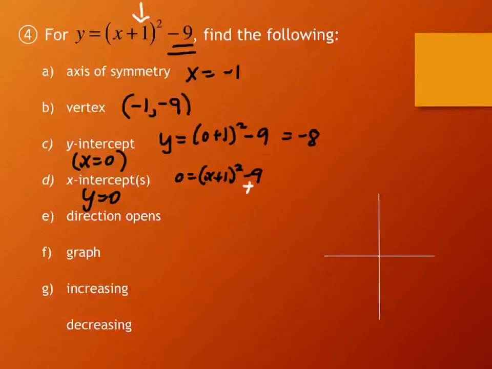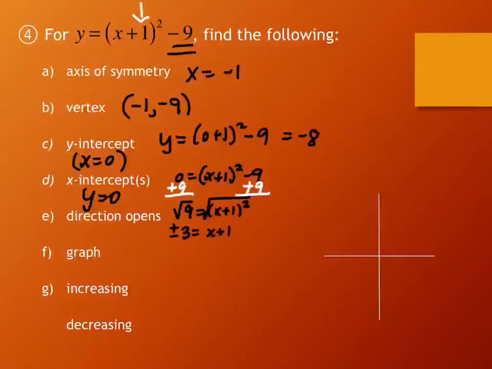We're going to add the 9 to both sides, so I'm going to have 9 equals x plus 1 squared. Then I can square root, and the square root of 9 is 3. But because I put the square root on, it's plus or minus 3 equals x plus 1.